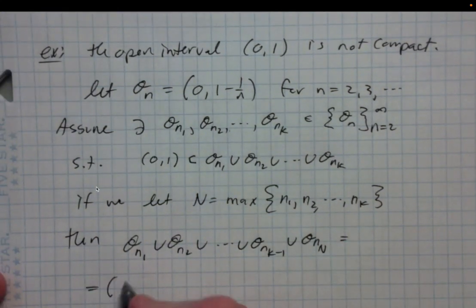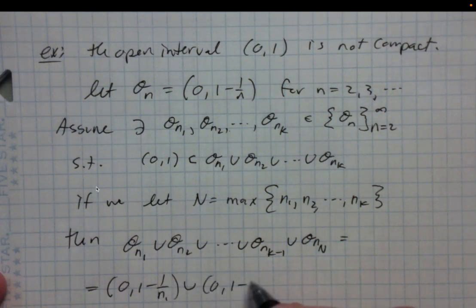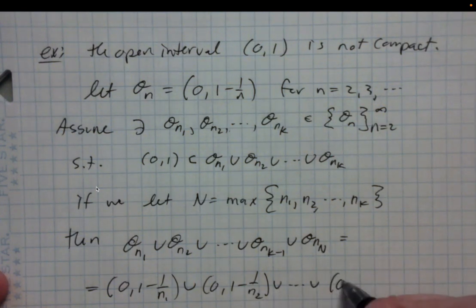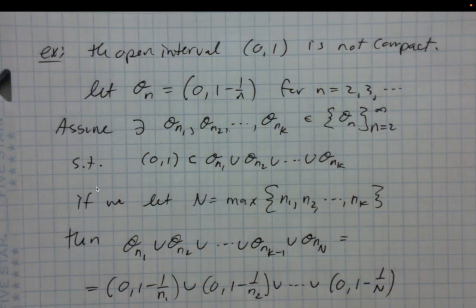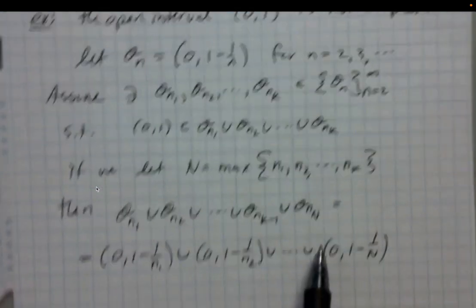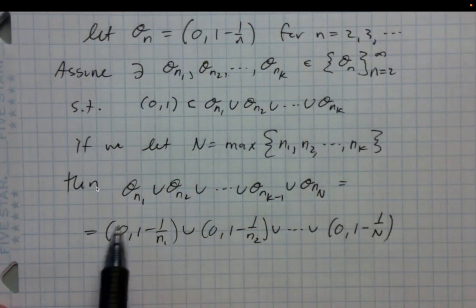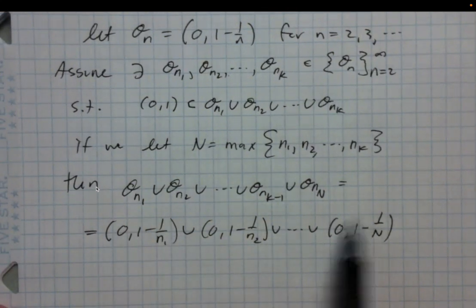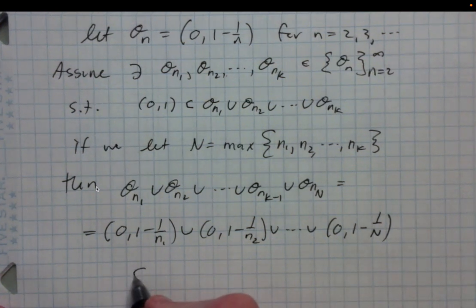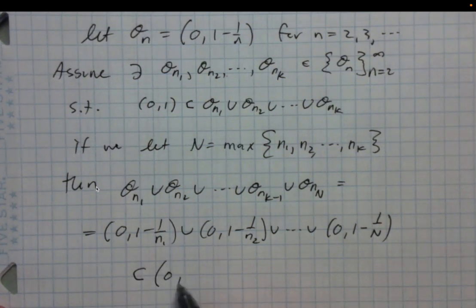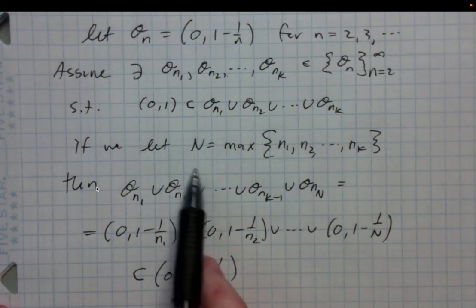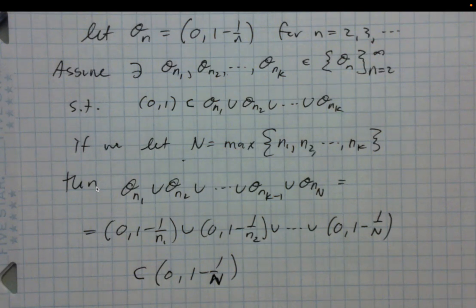Well, it's equal to the interval 0 to 1 minus 1 over n1, or 0 to 1 minus 1 over n2, or dot dot dot, or 0 to 1 minus 1 over N, being the largest one. Now, because of the way these subsets are structured, everything that came before is inside of this one, isn't it? So this whole thing is inside of this interval, 0 to 1 minus 1 over capital N. Remember, capital N is the maximum of all of these.